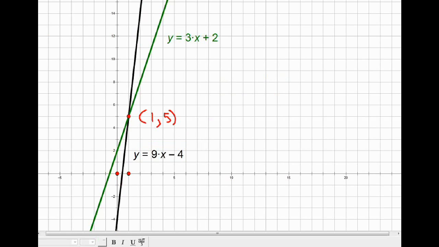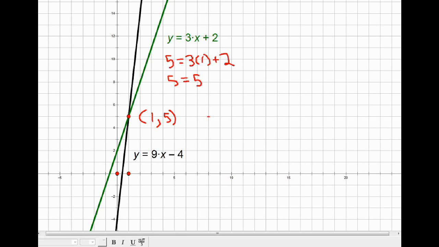If we substitute these values into either equation, so if we put it into the green equation, say, our y value is 5, and our x value is 1. And now if we solve that, 3 times 1 is 3, and 3 plus 2 is 5. So what we get is a statement that says 5 equals 5, which is a true statement.